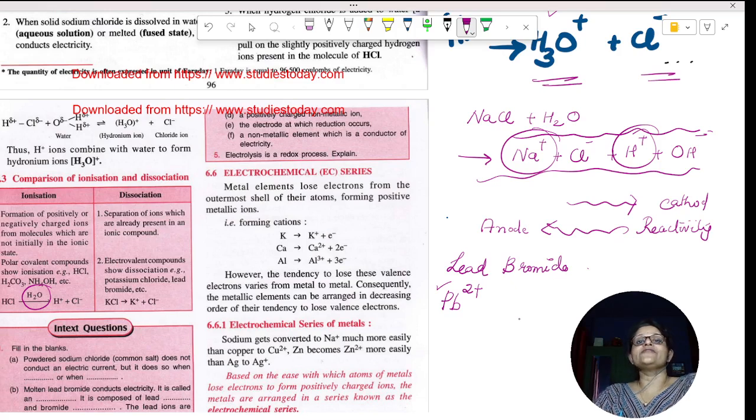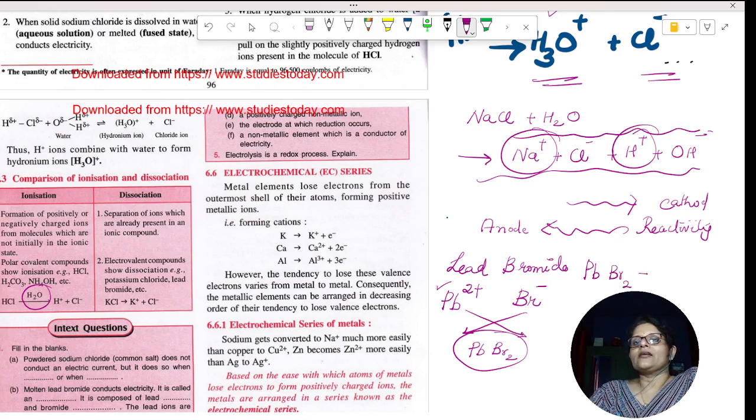The valency of lead is 2 plus. Bromide is Br and it is negative. So crossing over, we get the answer PbBr2.